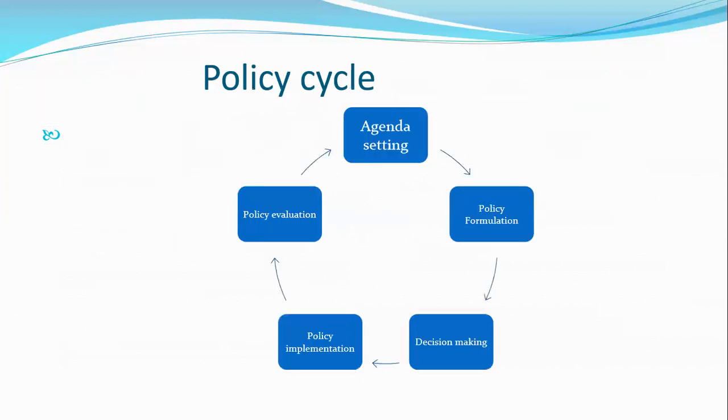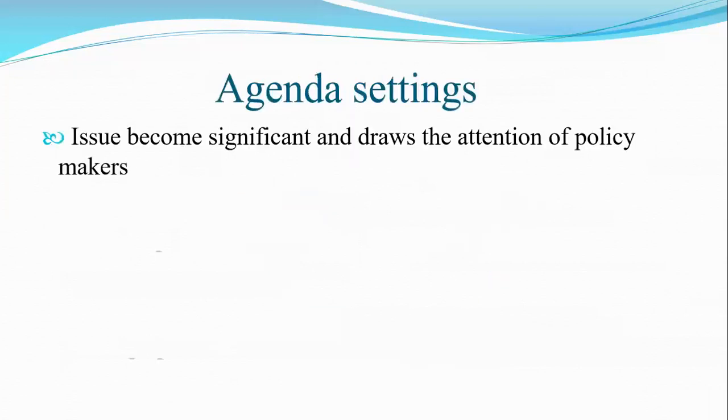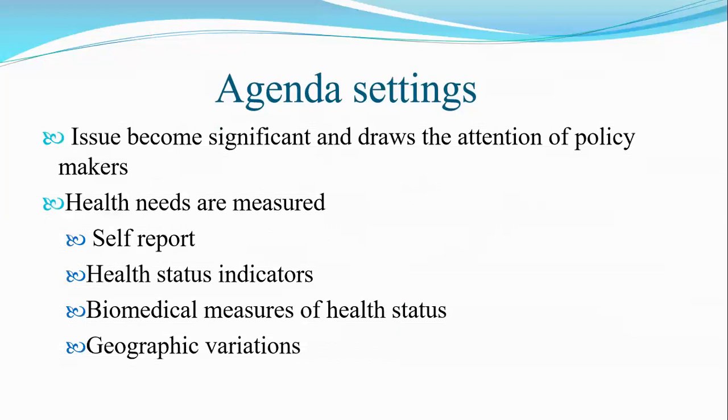Health policy cycle. The first part is agenda setting and policy formulation. Next is decision making, and next are policy implementation and policy evaluation. First is agenda setting: an issue becomes significant and draws the attention of policy makers.